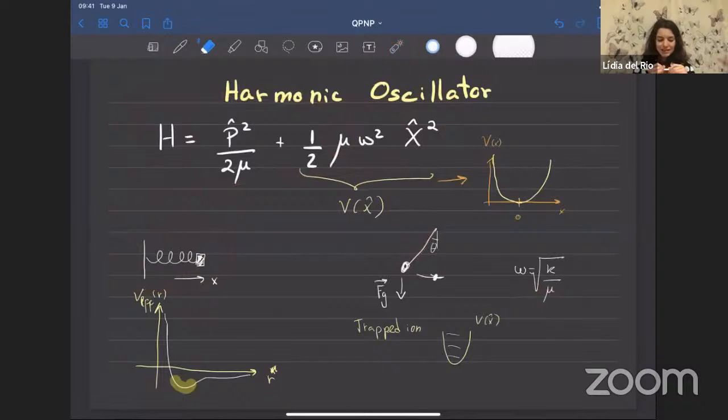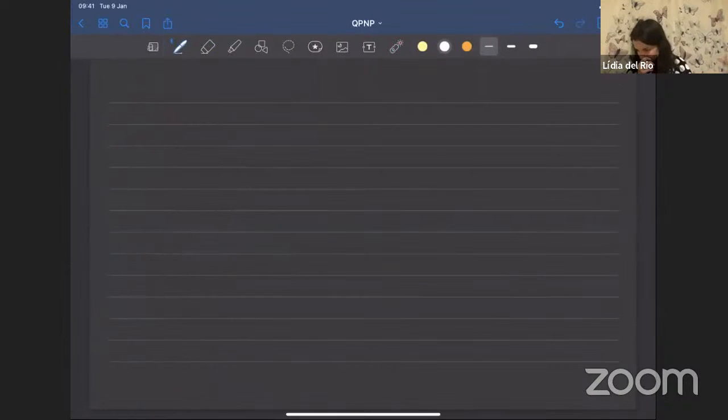So let me give you some kind of overview of how it's going to work. We'll prove all of this later. But how it's going to work is through a process called second quantization, which is going to be the following.